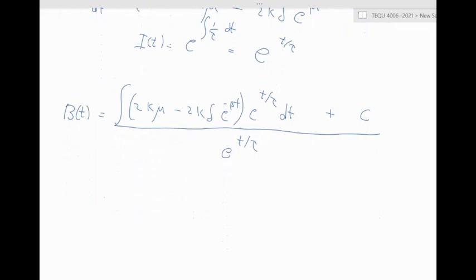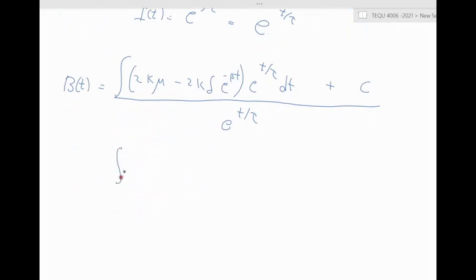So for the first part, 2k mu e to the t over tau dt. If we integrate only that part to make life easier, we have 2k mu.